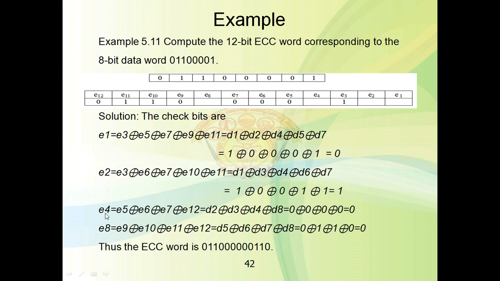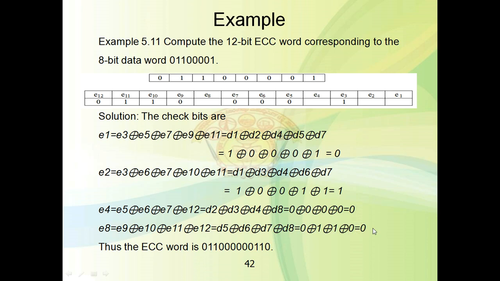Likewise e4 is e5 XOR e6 XOR e7 XOR e12, that is d2 XOR d3 XOR d4 XOR d8, which is 0 XOR 0 XOR 0 XOR 0, equal to 0. And e8 is e9 XOR e10 XOR e11 XOR e12, that is d5, d6, d7 and d8. XOR of 0 1 1 and 0, again gives 0.